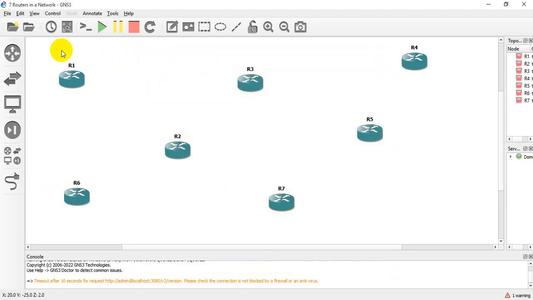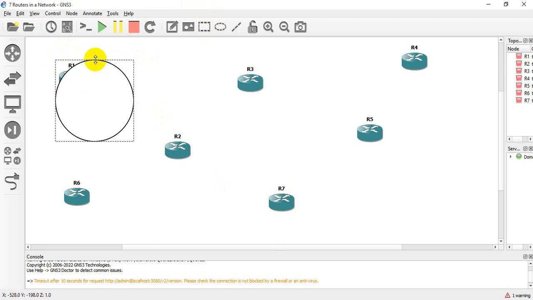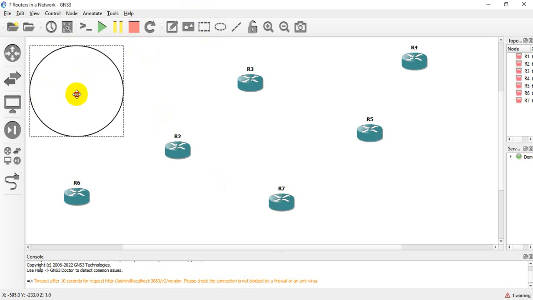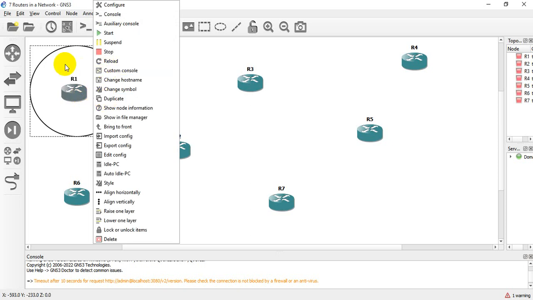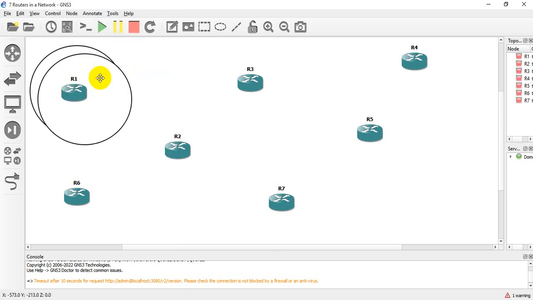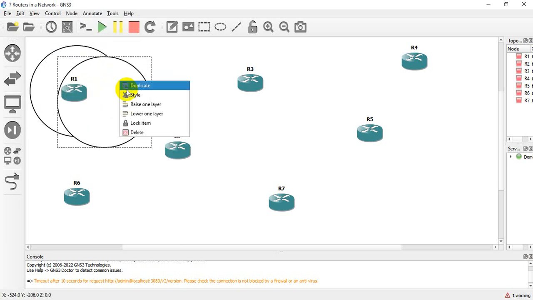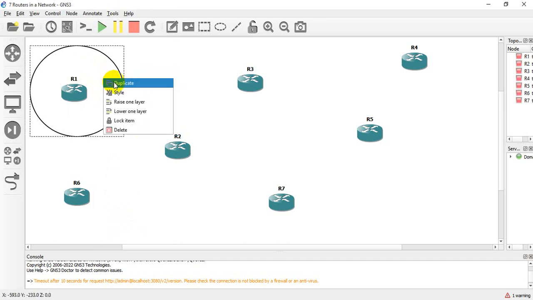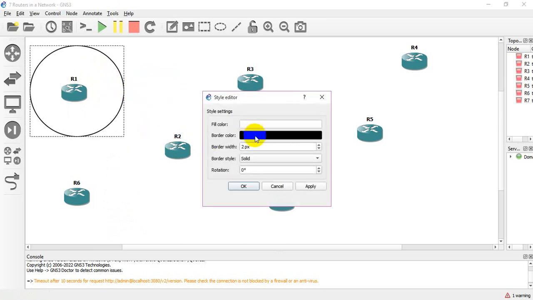Okay, now let me design these as well. Let me give it some style.